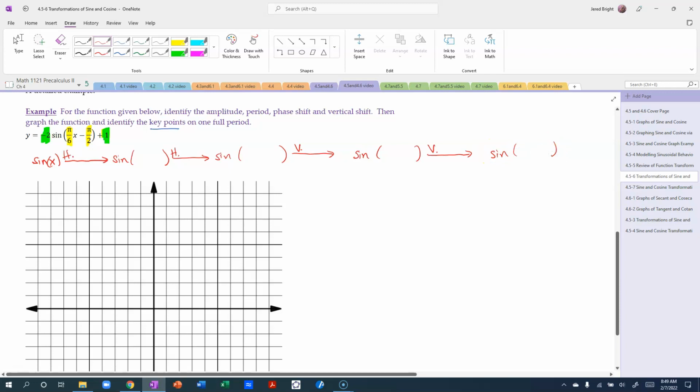First, in going from sine x to this first stage, I need to think about what I would normally do first. We would generally shift first and then scale, but with trig, it's actually easier if you scale first.